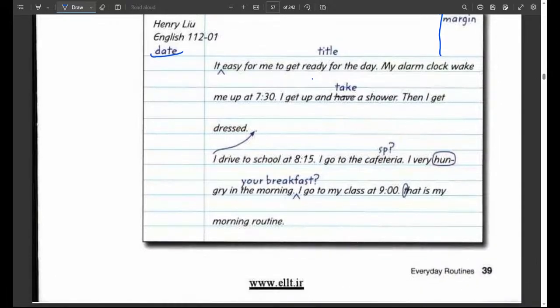This should have been starting from here. Here, okay, the cafeteria. The spelling mistake here. Okay, here iPhone is used. That should not be used.